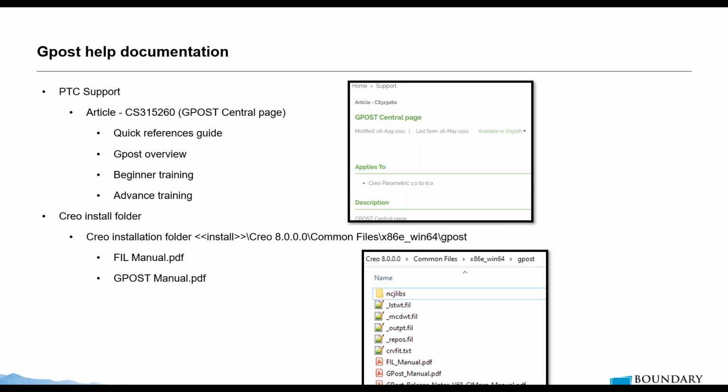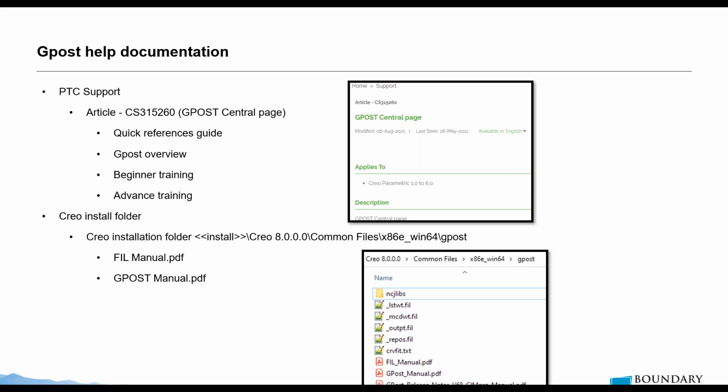Once you're in there, there's reference guides, there's beginner training, and there's advanced training material you can download from there. I think it's one Word document and two PowerPoint presentations that you can download and then use.